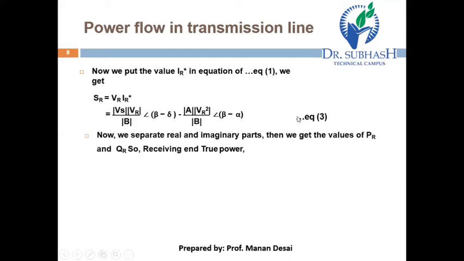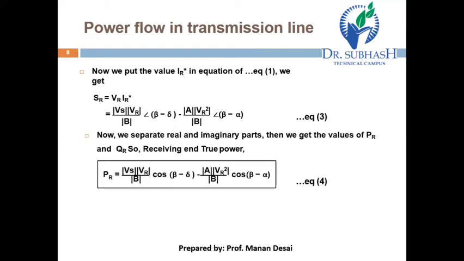Now we separate the real part and imaginary part, so we can derive P and Q. So P at receiving end is VS VR upon B cos of beta minus delta, minus A VR square upon B cos of beta minus alpha.